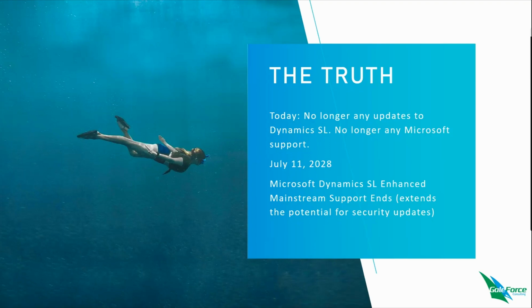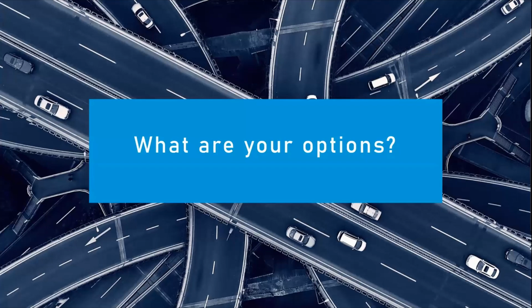And if you think about it, security patches to what in SL? Not to the application. It would probably be to the servers that Microsoft Dynamics can live on. So it's kind of like, what does that really mean? Joel, if we can flip to the next one.